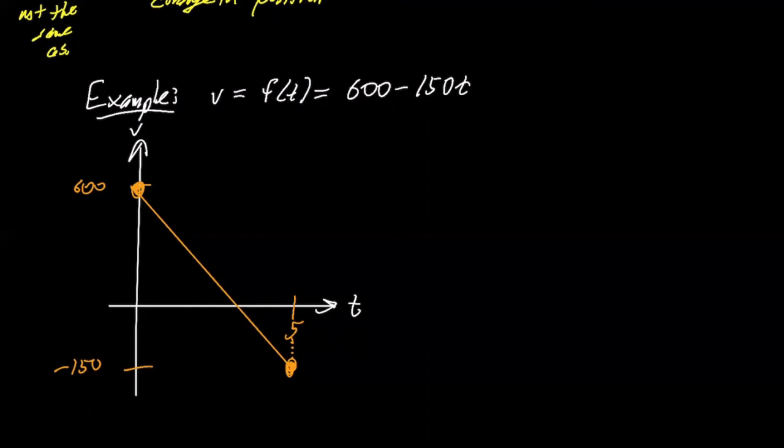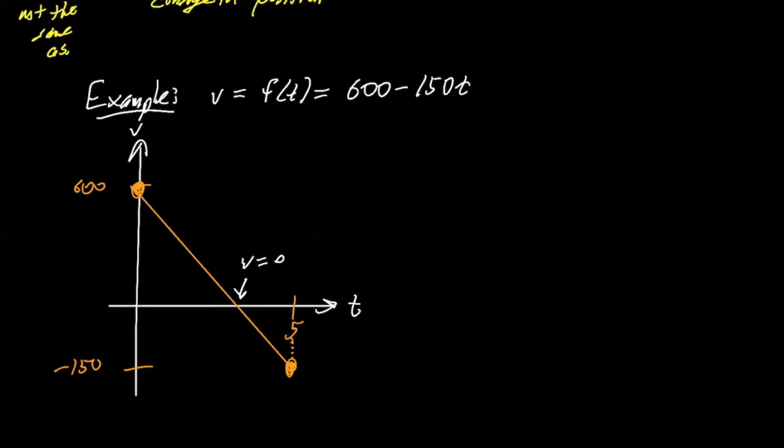You're walking, you pass Searles, you slow down, come to a stop, and you're like, oh crap, I went too far, let me turn around and go back. That's because the velocity is 0 right there. So you actually come to a stop and turn around.